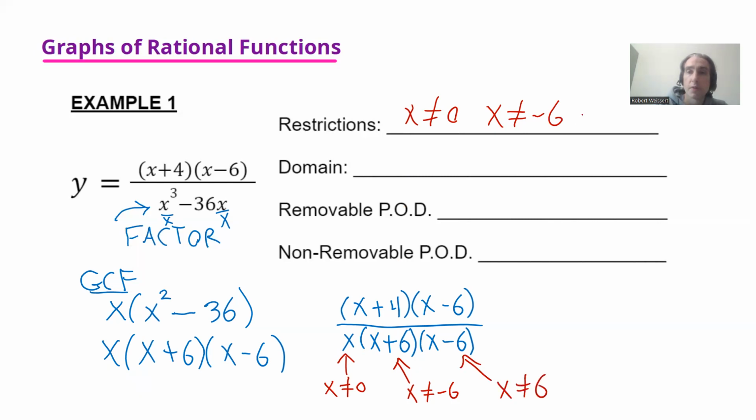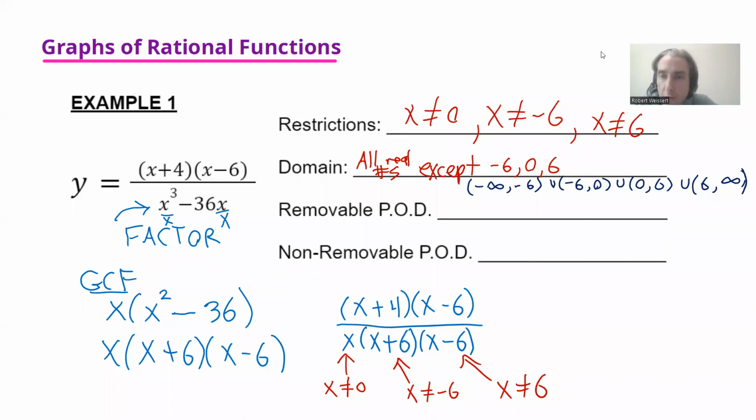Those are my 3 restrictions. So my domain is going to be all real numbers except for those 3 values. And there you have it. We're going to rewrite that in interval notation. Pause to see if you can write it in interval notation correctly.